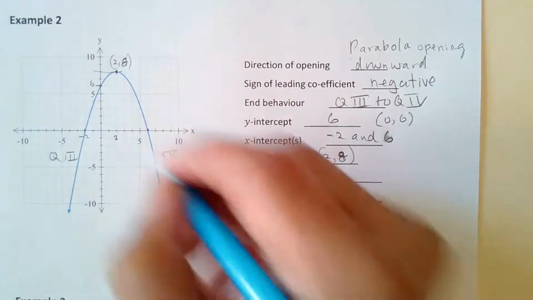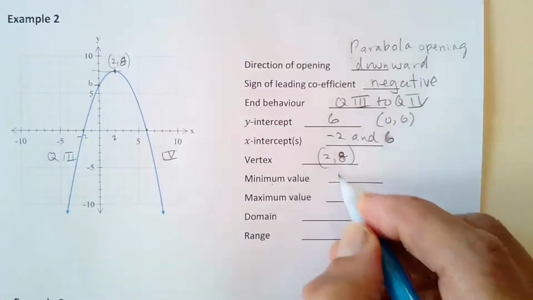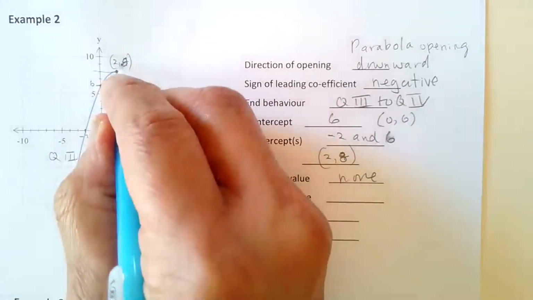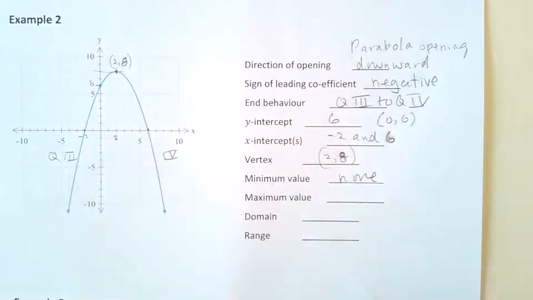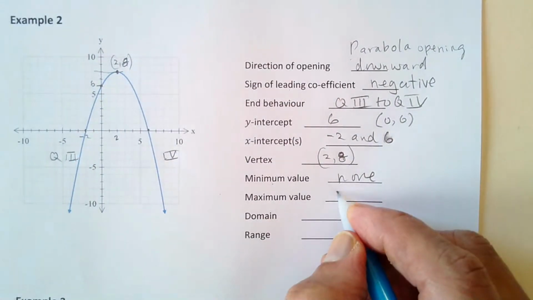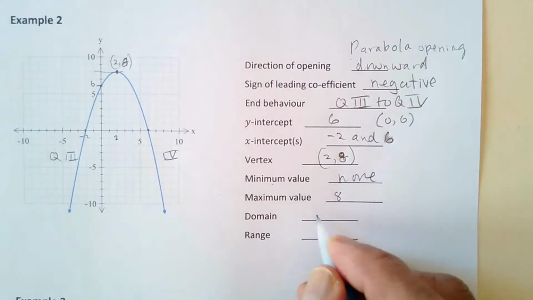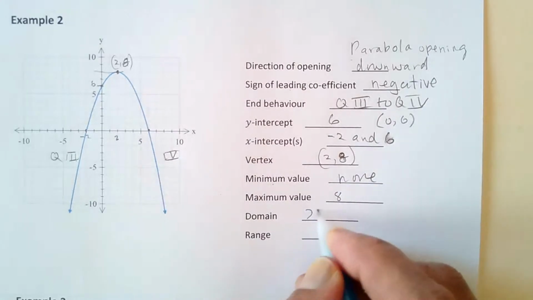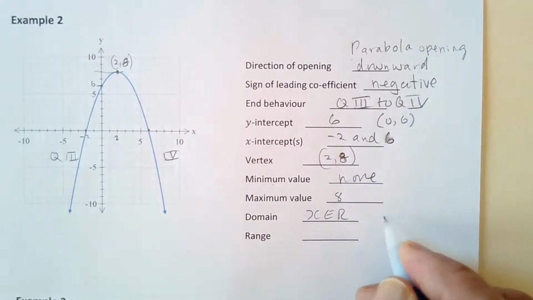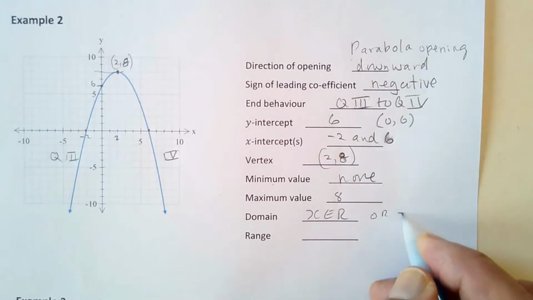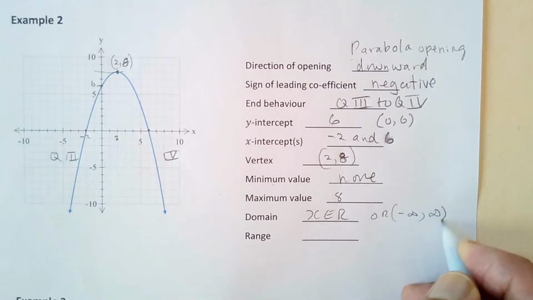Minimum value, there's none because it goes down to infinity. Maximum value is your y coordinate for your vertex, which is 8. The domain would be all the real numbers, or negative infinity to infinity.